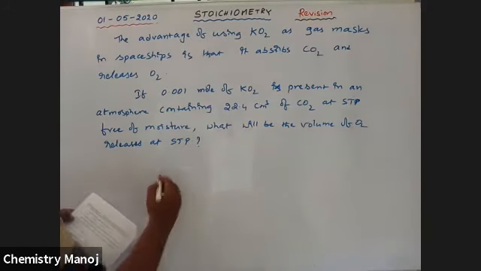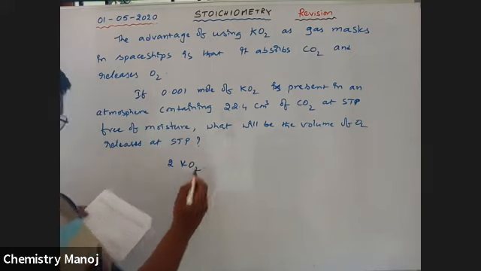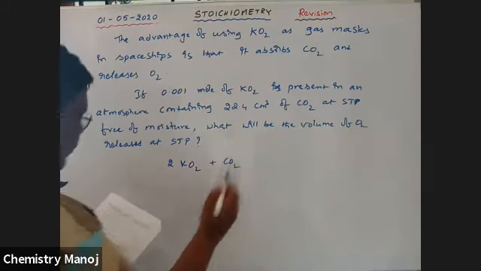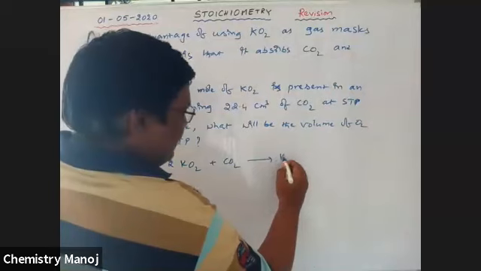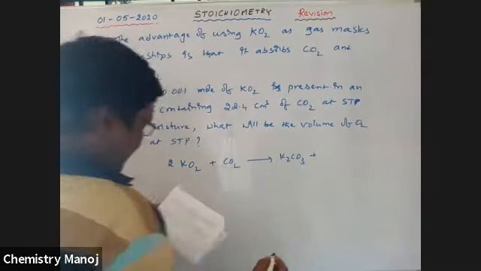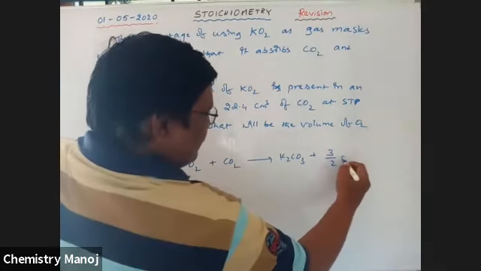The equation behind it: 2 KO2 plus CO2 gives K2CO3 plus 3/2 O2.